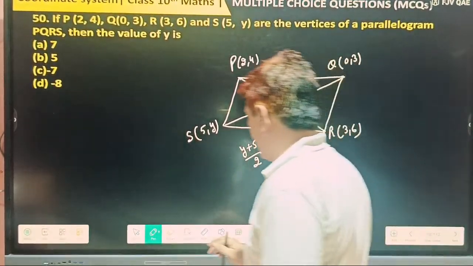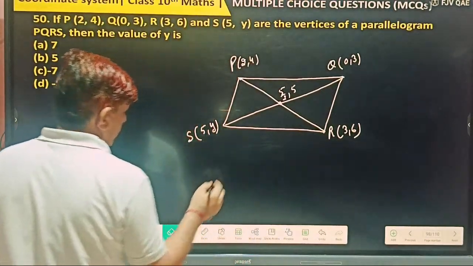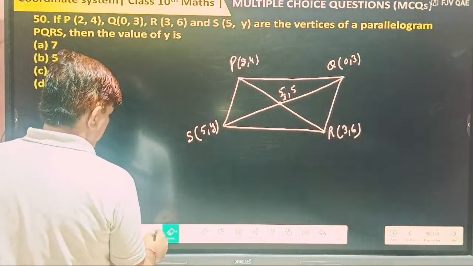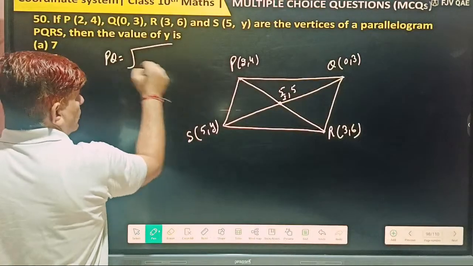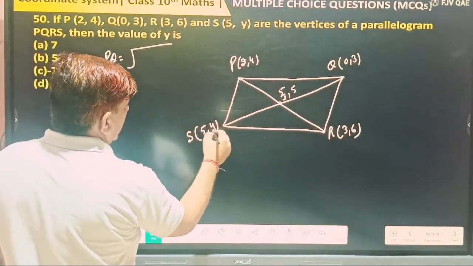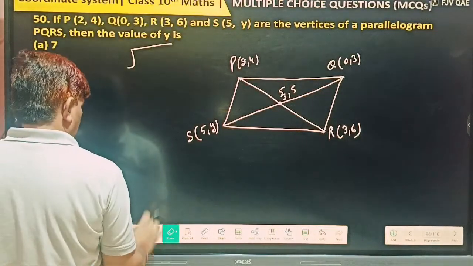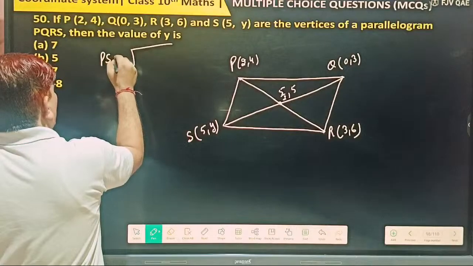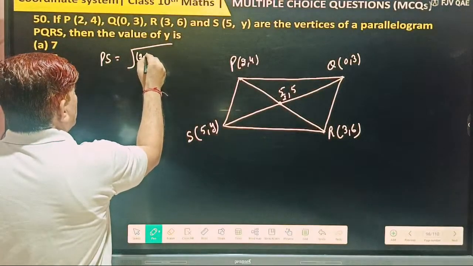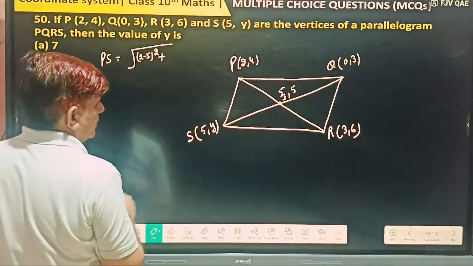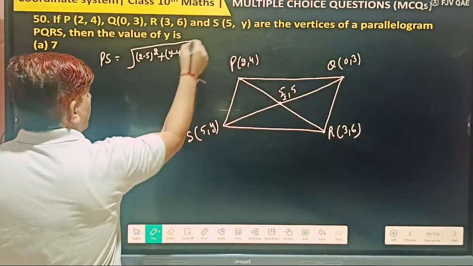Otherwise, another method, applying in the last question. Here we can find PQ, not PS, under the root, equal to 2 minus 5 whole square plus y minus 4 whole square.